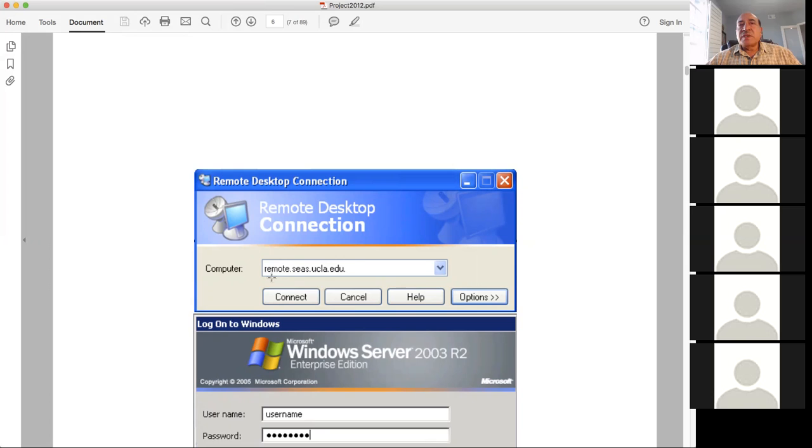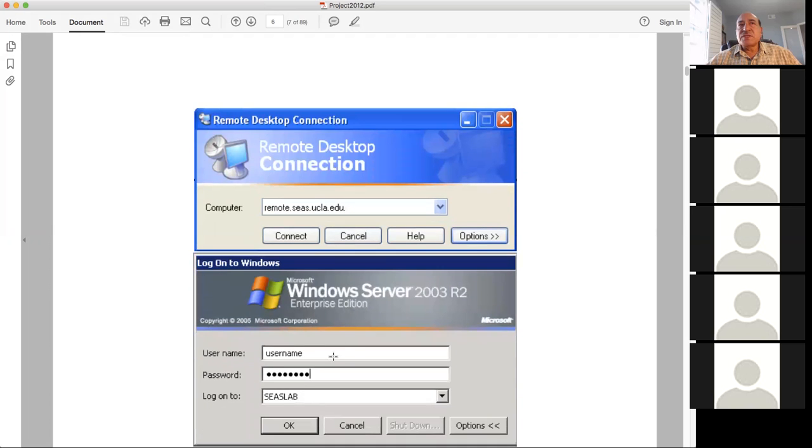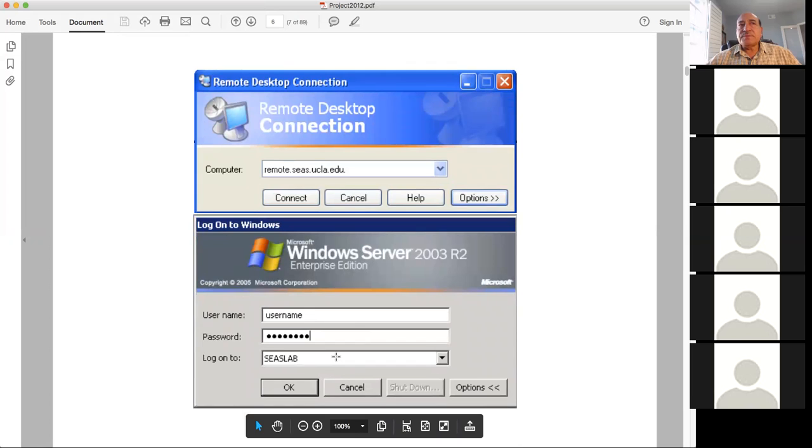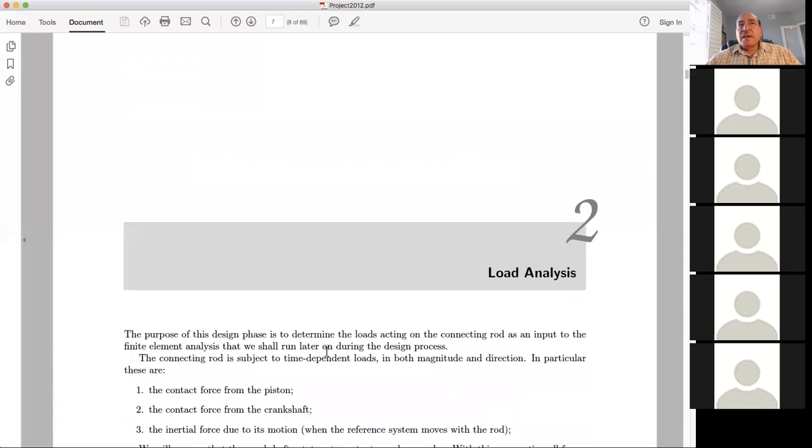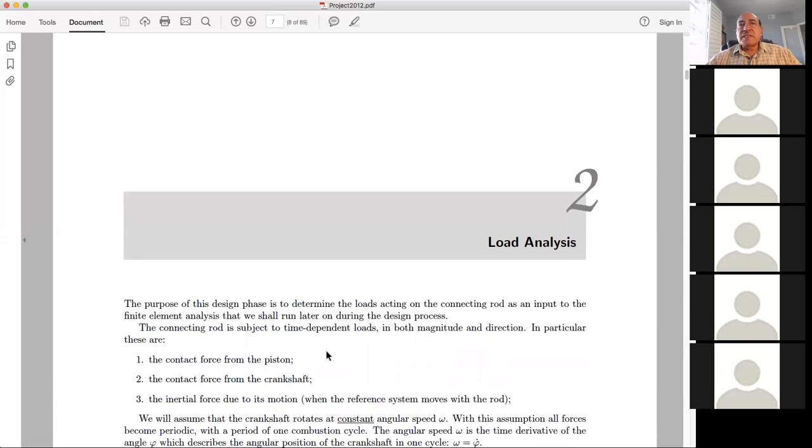The computer name is remote.ces.ucla.edu. Once you connect, you have your username that you established with CSNet and the password, and you log on to the CES lab. Then the first part of the project that is needed, hopefully this week, is to do load analysis.